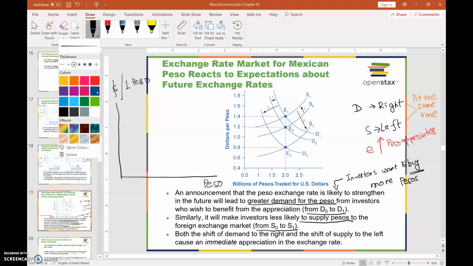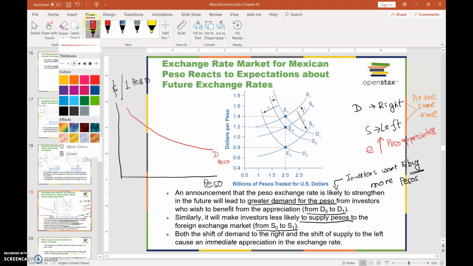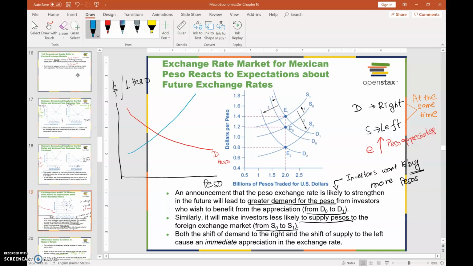This is the demand curve for pesos, and this is the supply curve for pesos.